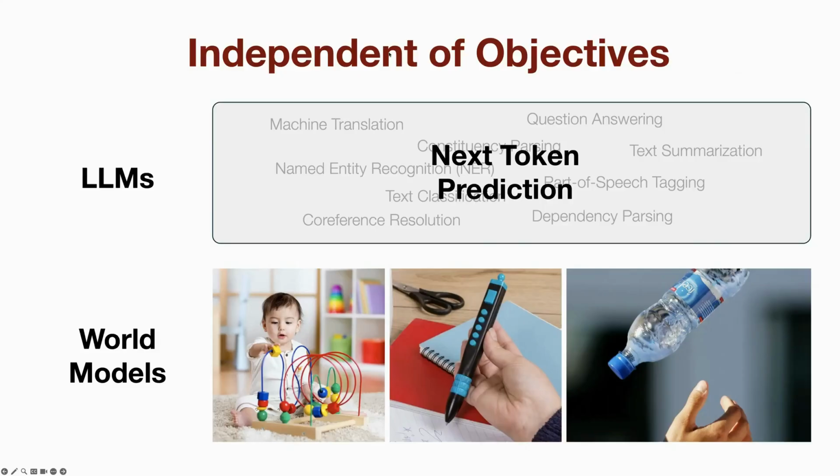All of these are tasks that classically people care about in NLP, and they're all subsumed by this next token prediction objective. Similarly, world modeling can be easily applied to a setup where children play with toys, and sometimes we fidget with pens or throw water bottles. All of this teaches us how the world works without caring about the downstream objective yet.